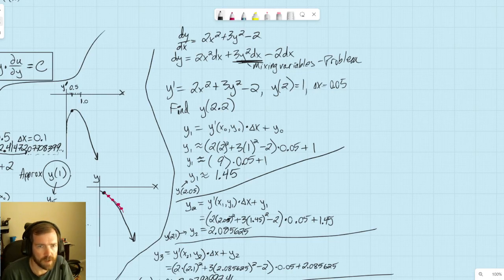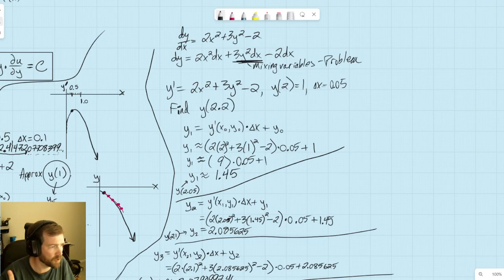So this is going to be 2x squared plus 3y squared minus 2, for y of 2 equals 1.